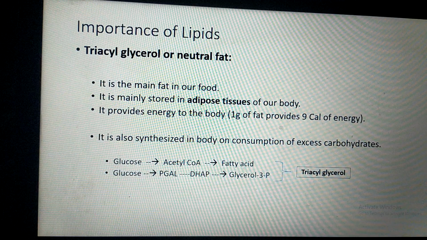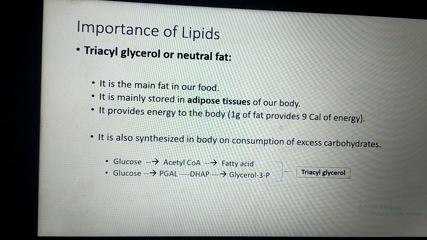So a flow chart is given here. Glucose forms acetyl CoA and this acetyl CoA gets converted into fatty acid. Another molecule of glucose is converted into glyceraldehyde 3-phosphate, which gets converted into dihydroxyacetone phosphate, and then it is converted to glycerol 3-phosphate. This glycerol 3-phosphate plus 3 fatty acids combine to form triacylglycerol.